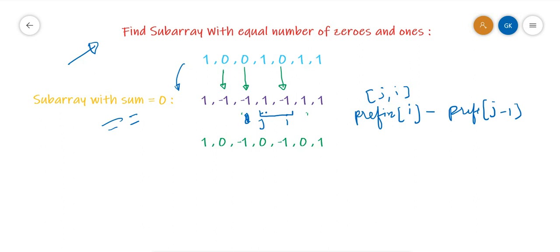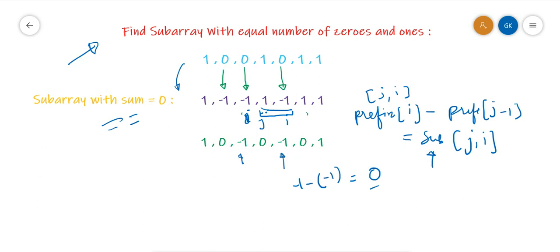J is this and j minus 1 will be this. In this way we get the subarray sum from j to I. So we have -1 minus -1, which becomes 0. This means that the subarray from j to I in the original array is having sum 0.